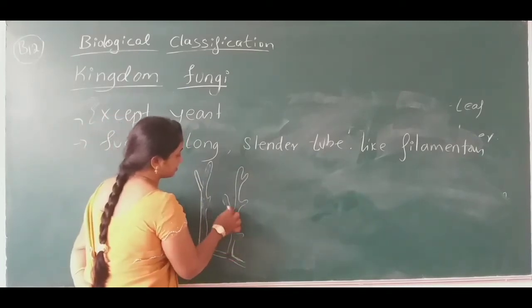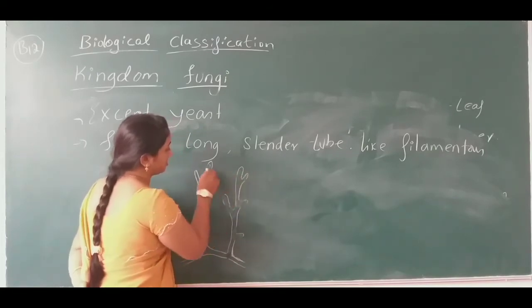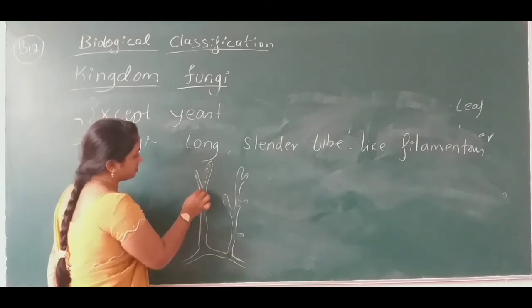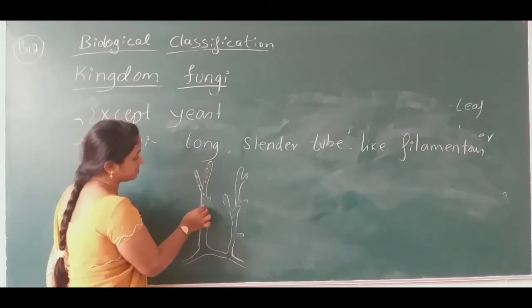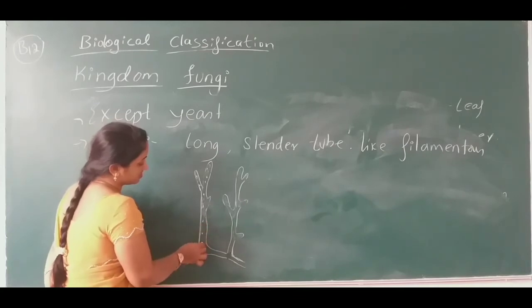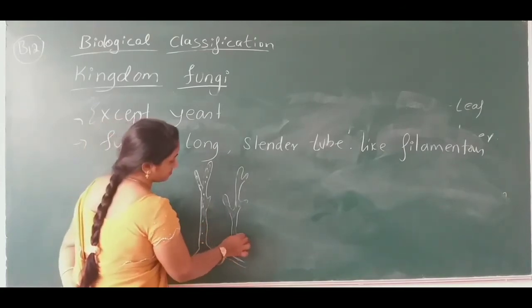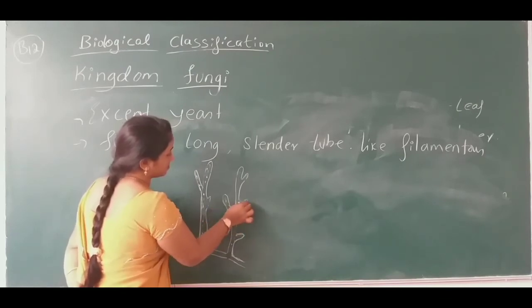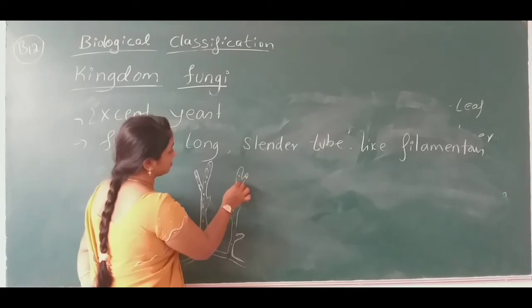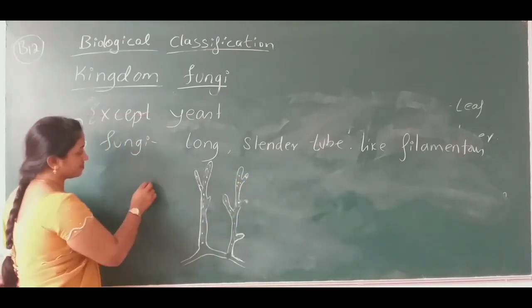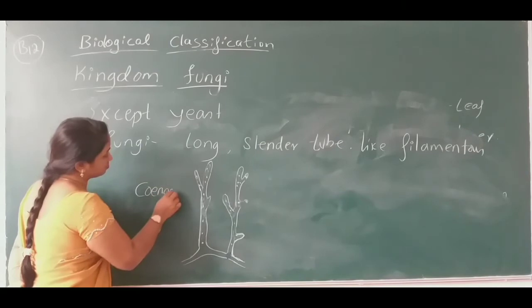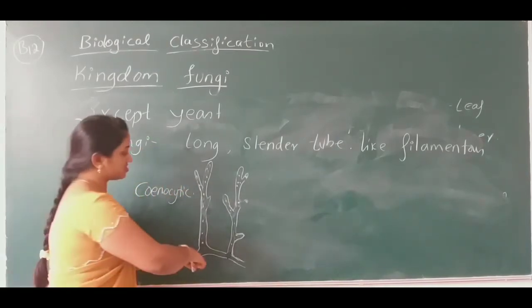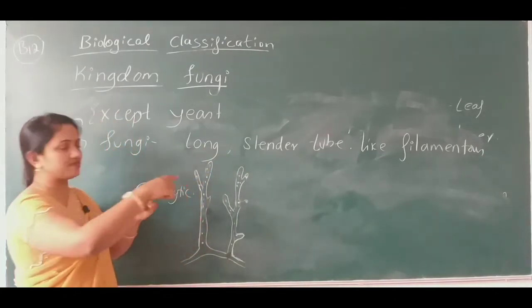If it has a number of nuclei in it, if the tube is filled with nuclei, this type of fungi is known as cenocytic.